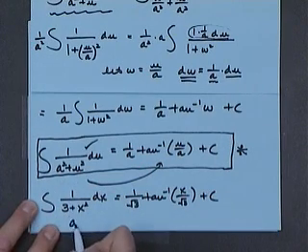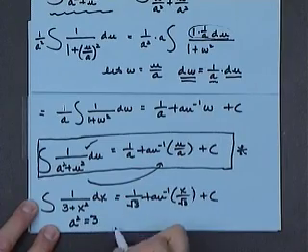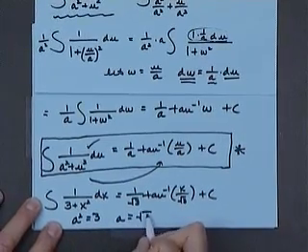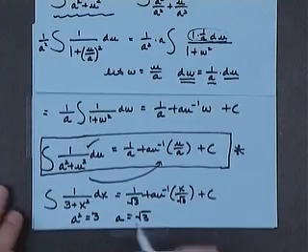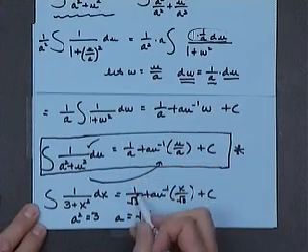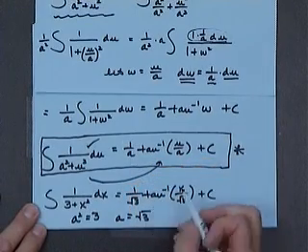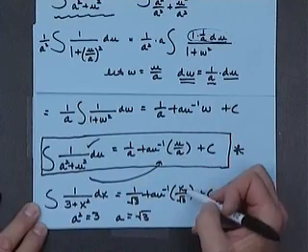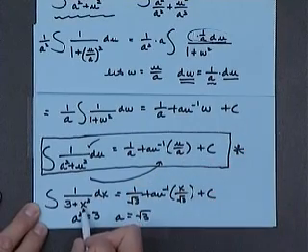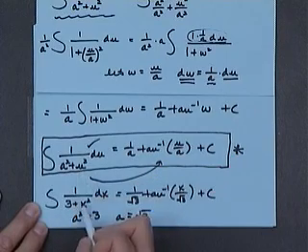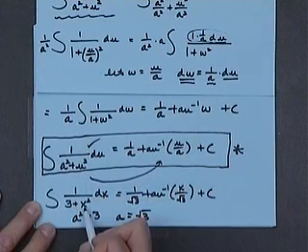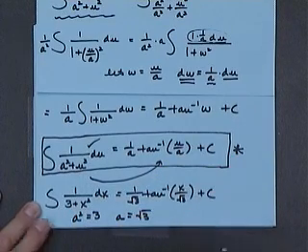A squared becomes A, so A would be the square root of 3. So it's always 1 over A, so it's 1 over the square root of 3. Inverse tangent of u over A. U is x. U squared is x squared, so u must be x. So x over the square root of 3 plus c.